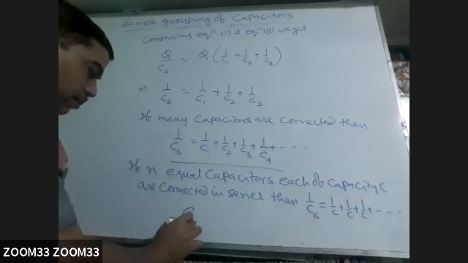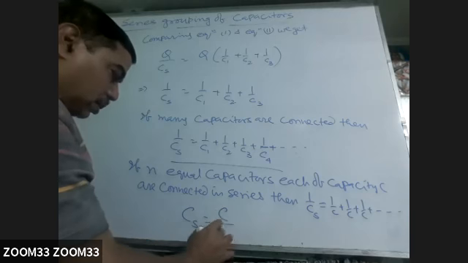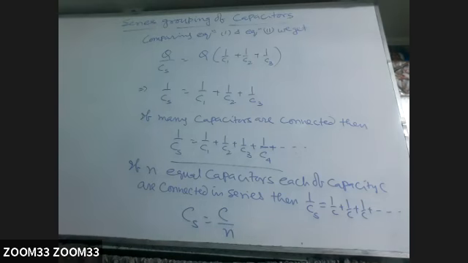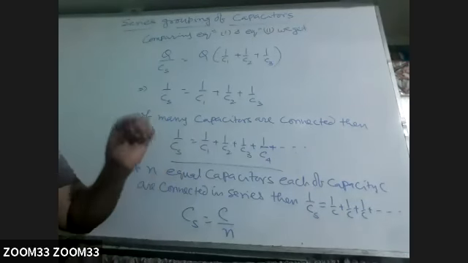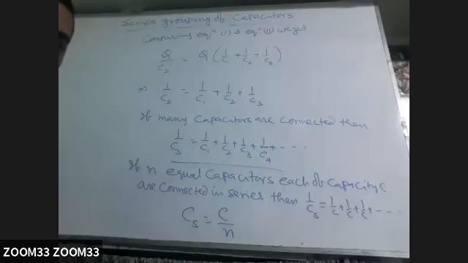So series equivalent will become C over N. So when we connect the capacitors in series, the equivalent will decrease. So suppose we are having capacitors of larger value and we want some smaller value, then we will connect them in series.